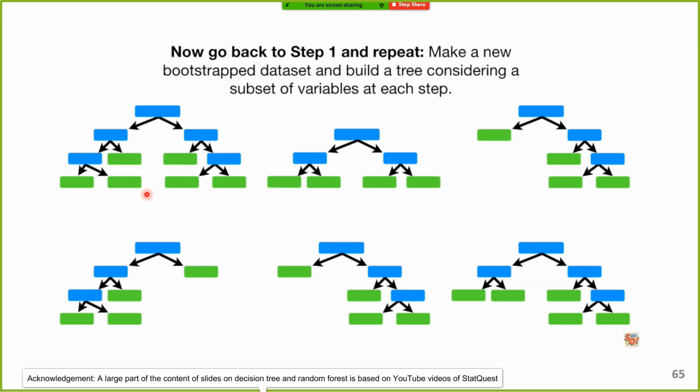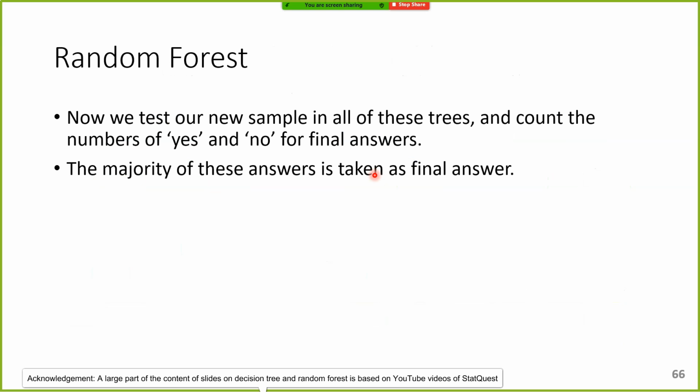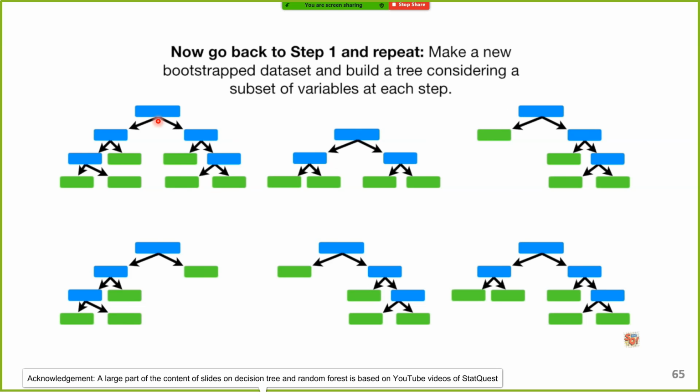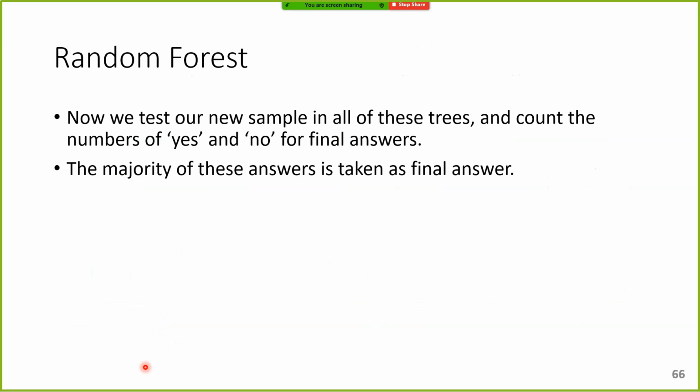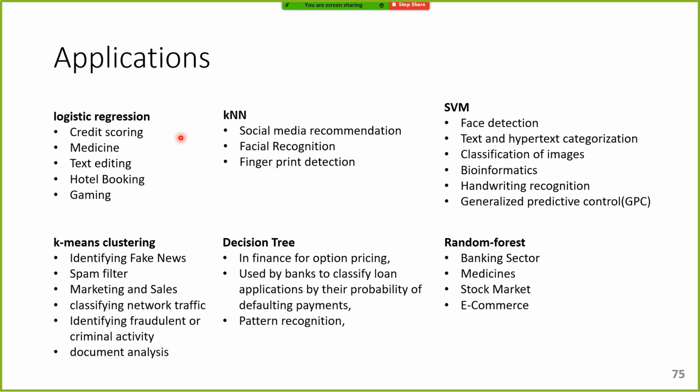Then we supply the new input data to all of these trees and see what the outcome of each tree is. We then perform a majority vote among these trees, and decide the class of the new data point by looking at the majority voting result. So this is how it is done.